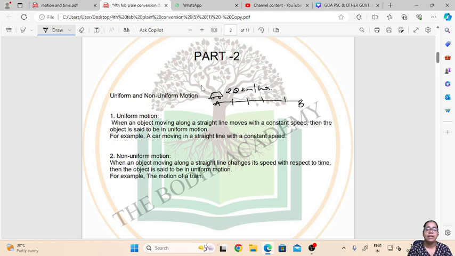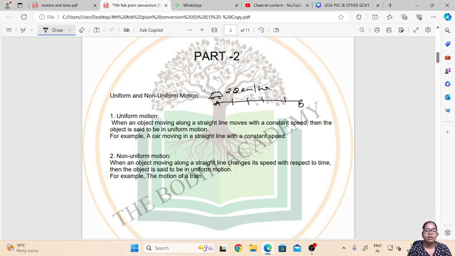Now let us see the second type of motion, that is non-uniform motion. When an object moving along a straight line changes its speed with respect to time, then the object is said to be in non-uniform motion. For example, the motion of a train.